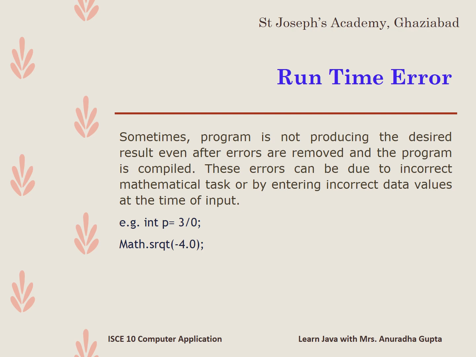Let's take an example of runtime errors. When you are dividing any number by 0, that comes under runtime error. If you are trying to find the square root of a negative number, which is not possible in maths either, this is a runtime error.